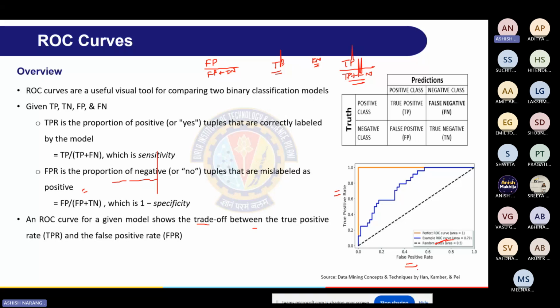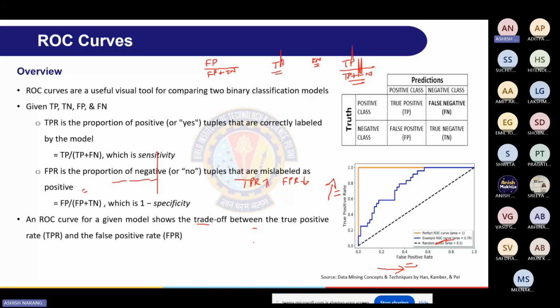The orange line, I want the true positive rate to be high and false positive rate to be low. False positive rate is increasing on this side, true positive rate is increasing on this side. So I want to decrease the false positive rate and increase the true positive rate.